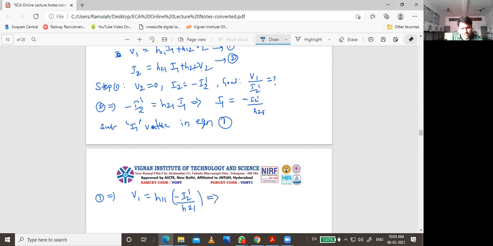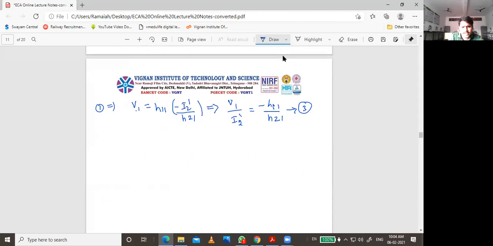We want V1 by I2 dash, so send I2 dash to the other side. V1 by I2 dash is equal to H11 by minus H21, equation number 3. Now we found V1 by I2 dash.